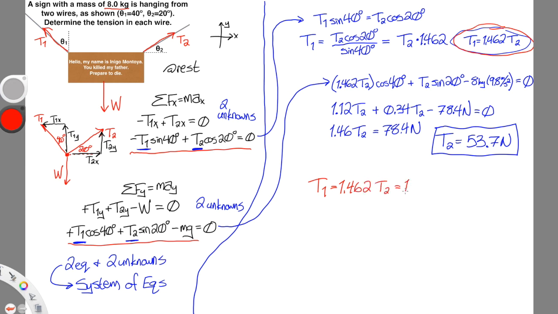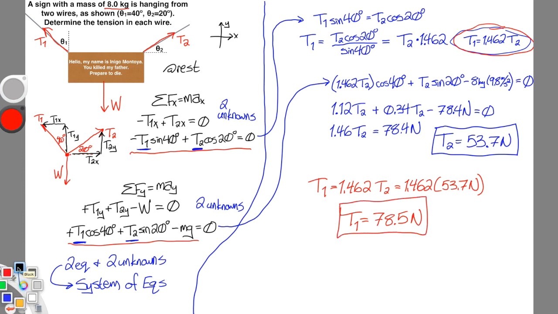So that's 1.462 times our 53.7 newtons, which gives us T1 equals 78.5 newtons. And now we have both of our tension forces.